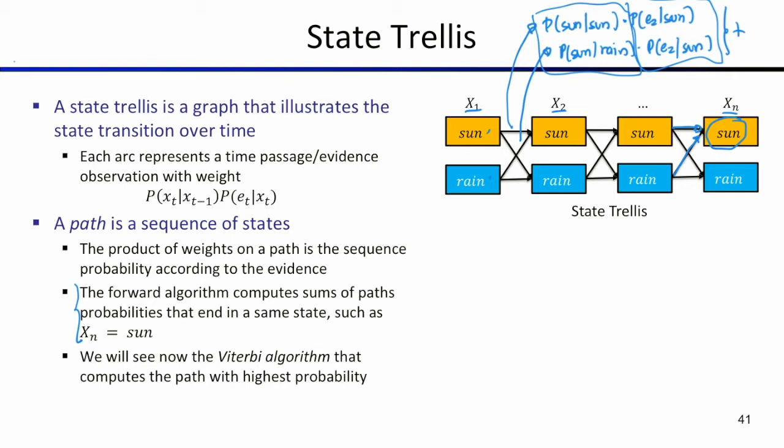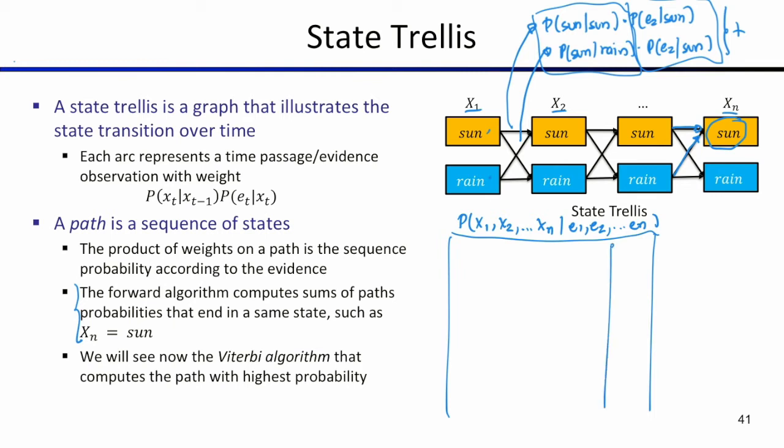If we use that same idea of computing the entire table, we haven't used this idea before. This table will have the probability of x1, x2 till xn given e1, e2 till en, so all the evidence that we have observed. So basically what we are doing for the forward algorithm is, we have all the variables here until xn, and we have the probabilities here.